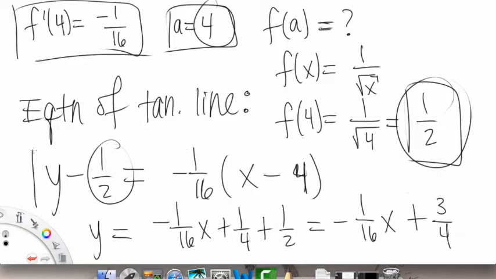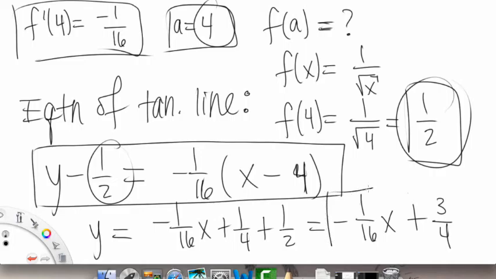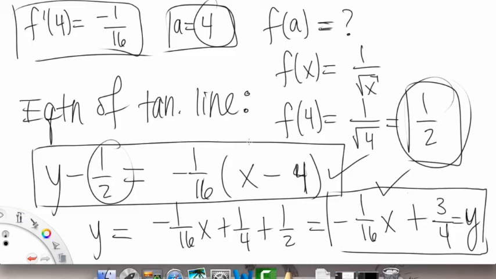So either this one here in point slope form, that works just as well, and here I just simplified that even more. And this is also another valid equation of the tangent line. Okay, so that's it. And again, our f prime of 4 was -1 over 16, which we did utilize in the equation of the tangent line.